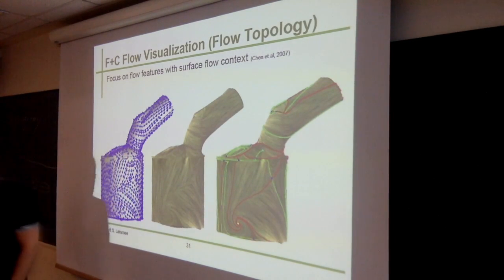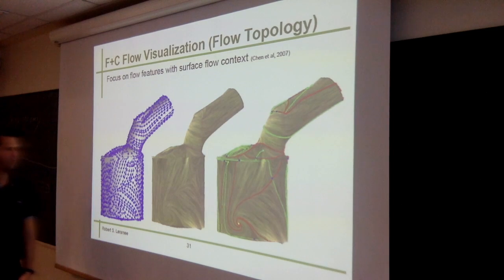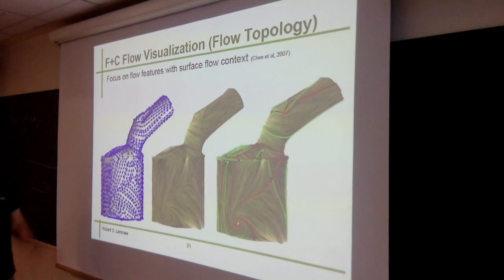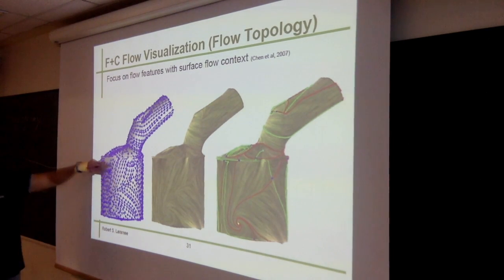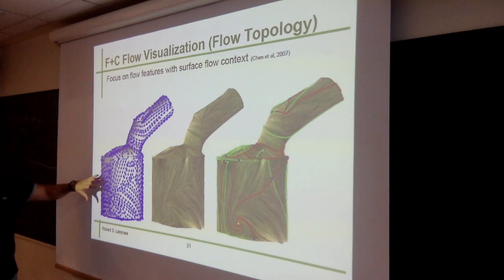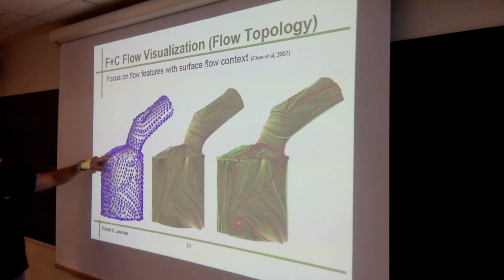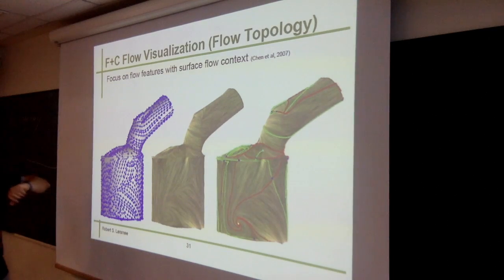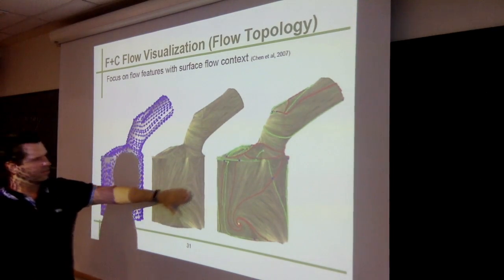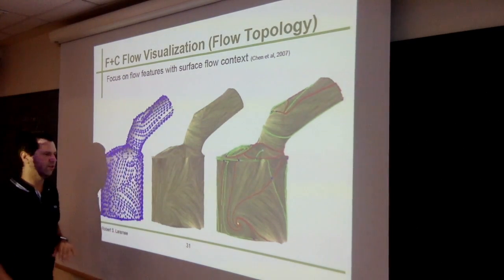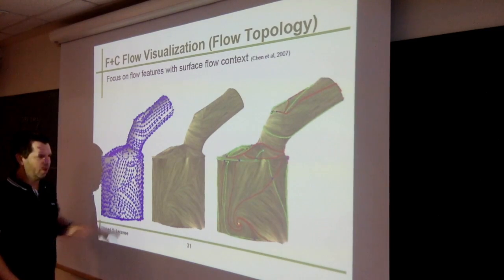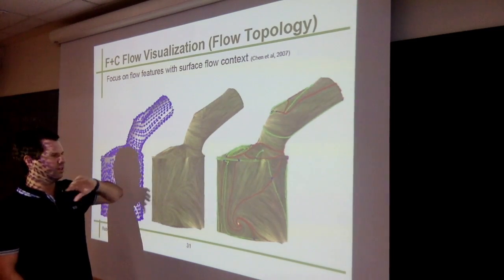Here's some example on more flow visualization. This is trying to visualize flow with glyphs at the surface. But the glyphs are overlapping, they're cluttered, they're hard to see. Look, it's very difficult to see what's going on there. This is the context information, visualizing all of the flow, serving as a context.